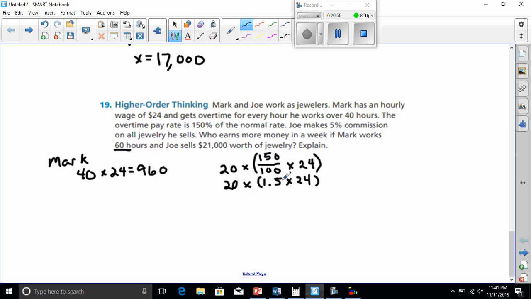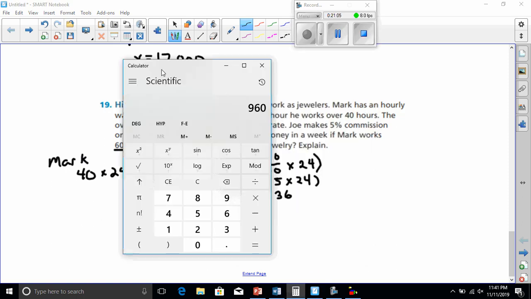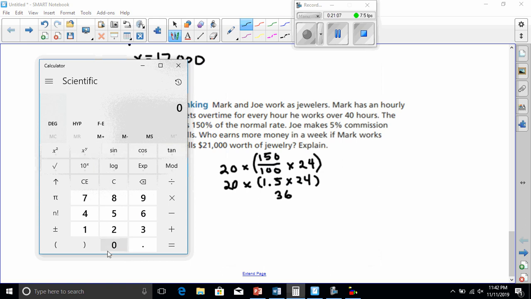This is going to be 36. I know that because half of 24 is 12, and 1 times 24 is 24. I'll double check that with my calculator, but I'm fairly certain that 1.5 times 24 is 36. And now I can multiply this times 20. That tells me 720.